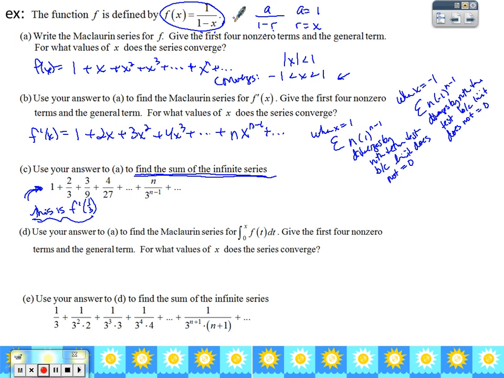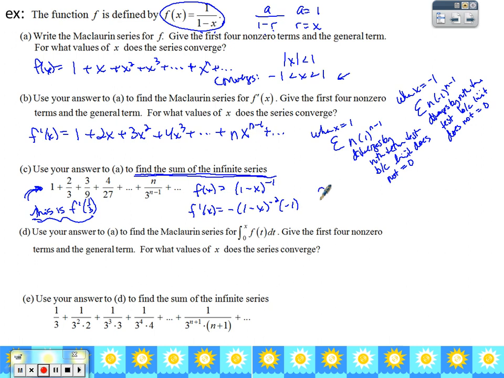All right, so let's find f prime of x. First of all, I'm just going to rewrite f of x as 1 minus x to the -1, just so it's easier. Okay? So let's find f prime. So -1 minus x to the -2, and then I chain it.